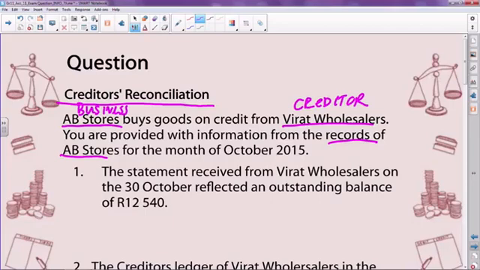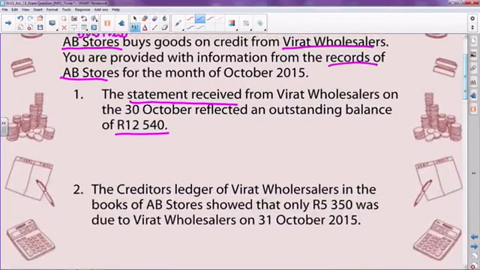Information 1: the statement received from Virat Wholesalers on the 30th of October reflected an outstanding balance of 12,540. That is on the statement that we received from the creditor.